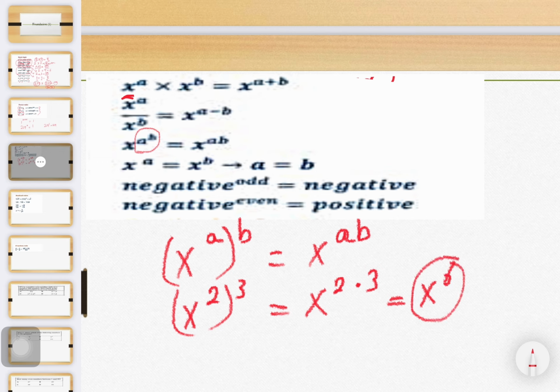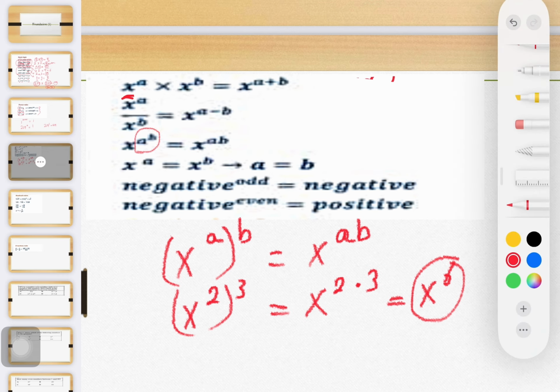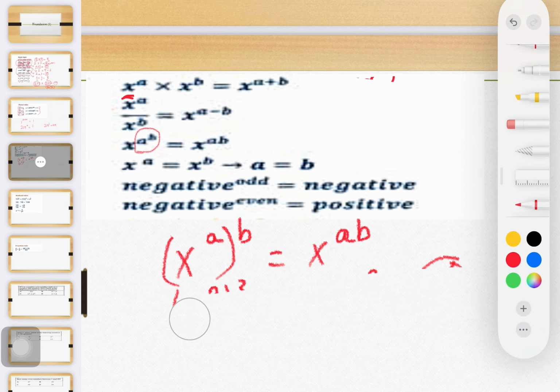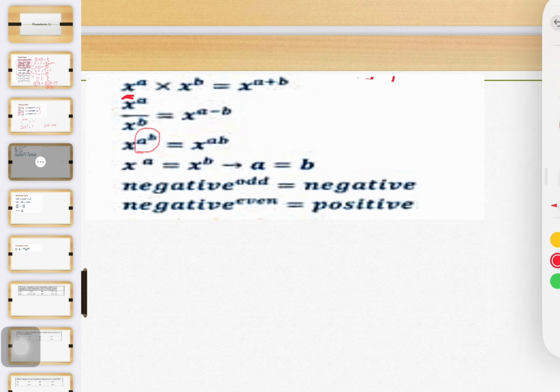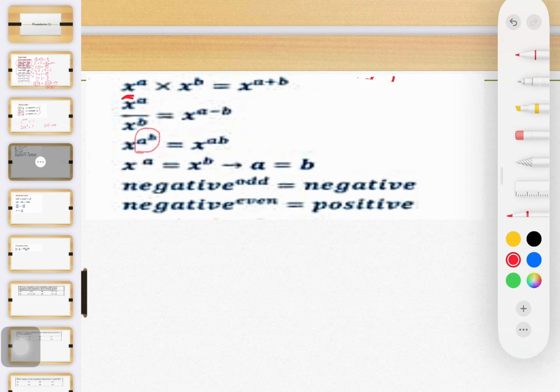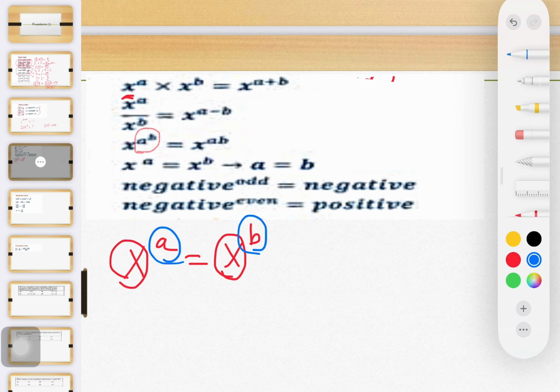Okay. The next one is if we have the same number with different powers, it means the powers are the same. How? Like I have x to the power of a equals x to the power of b. Here we have the same base number, which means the powers are the same.